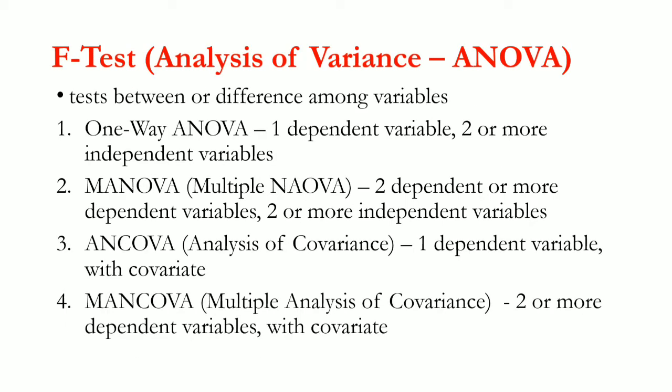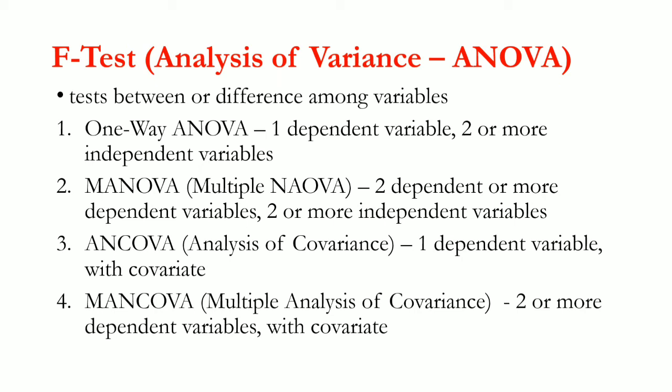F-test is used to determine or test difference between or among variables. If you have three groups, for example, in your study, then you make use of ANOVA or analysis of variance.